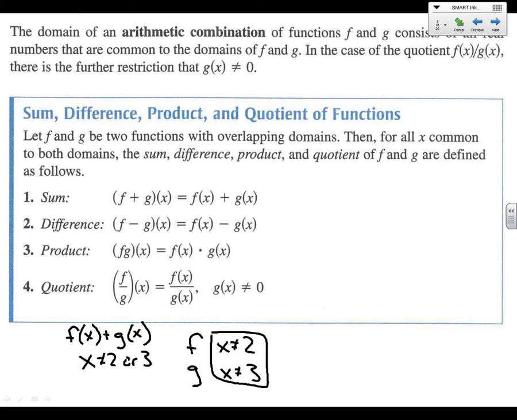And one additional note, again, anytime you divide, the denominator cannot equal 0. So whatever would make g of x turn into 0 would not be part of the domain.